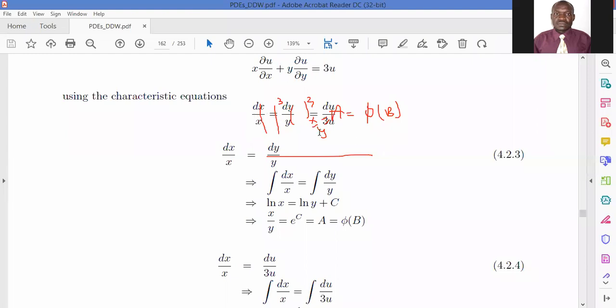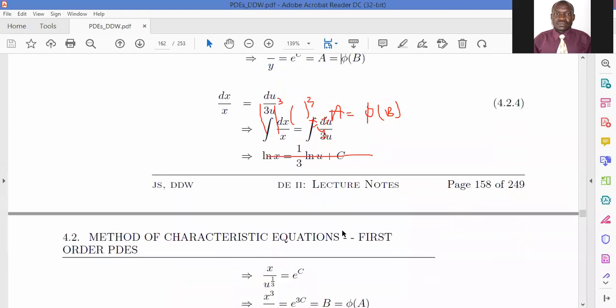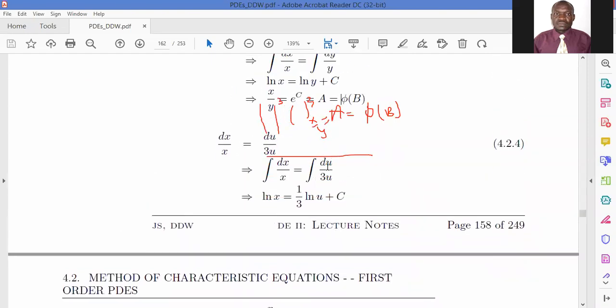I hope we are clear there, because if this is equal to this and this is equal to this, in fact, even this could be equal to another one there. We have to use that link in terms of the constants of integration that we are getting, because this constant of integration comes after integrating x alone, y alone, and in here we have x alone, but this is u.